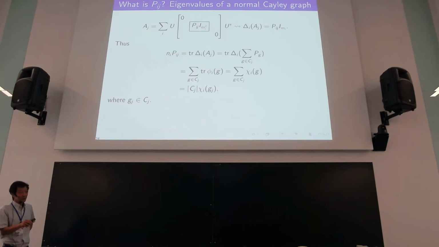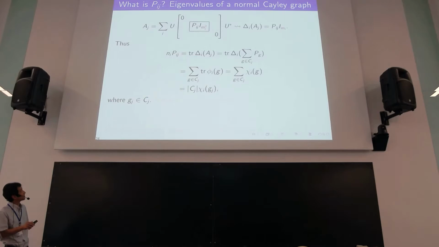But we have seen that the value of the character depends only on the conjugacy class, so they are all the same. So the same value is repeated this number of times. Well, then I have to specify what element.